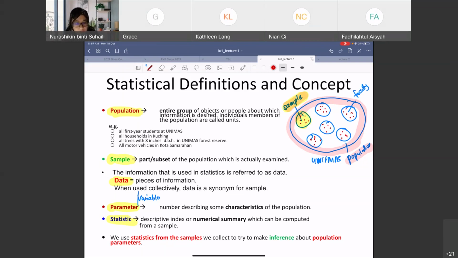And then when we talk about statistic, normally when we read news articles, the statistics show that the number of people who received vaccines is maybe 80% already.